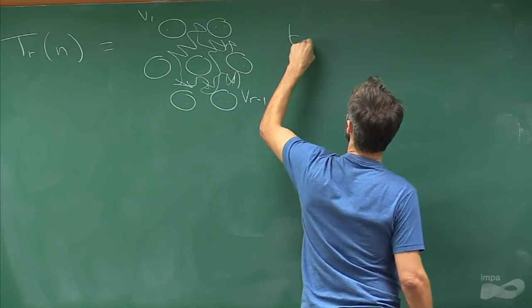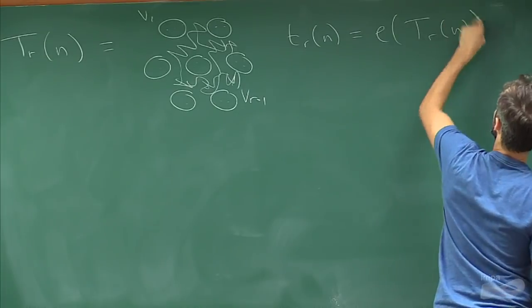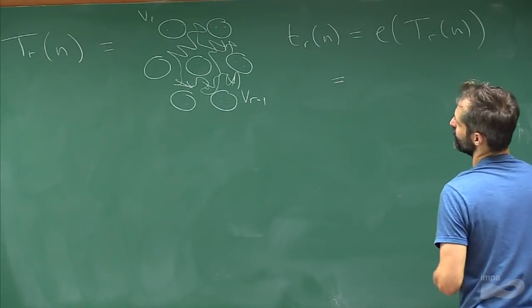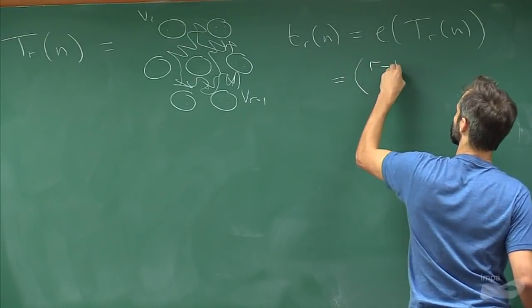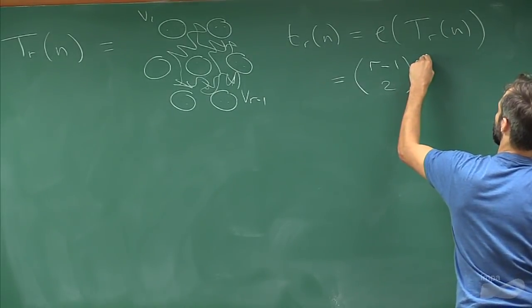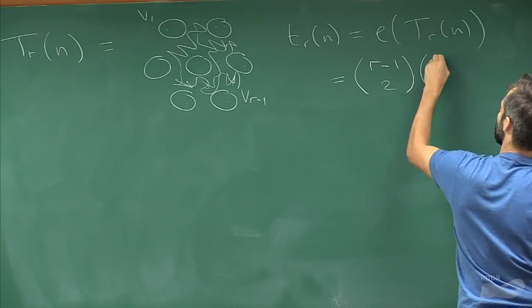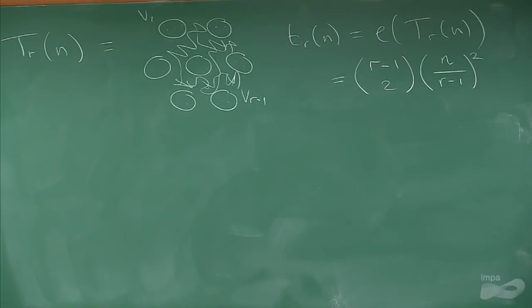The number of edges of T_r(n) is, if you like, so how many pairs of parts are there? There are r minus 1 choose 2 pairs, and each of the pairs is complete, so we get n over r minus 1 squared.